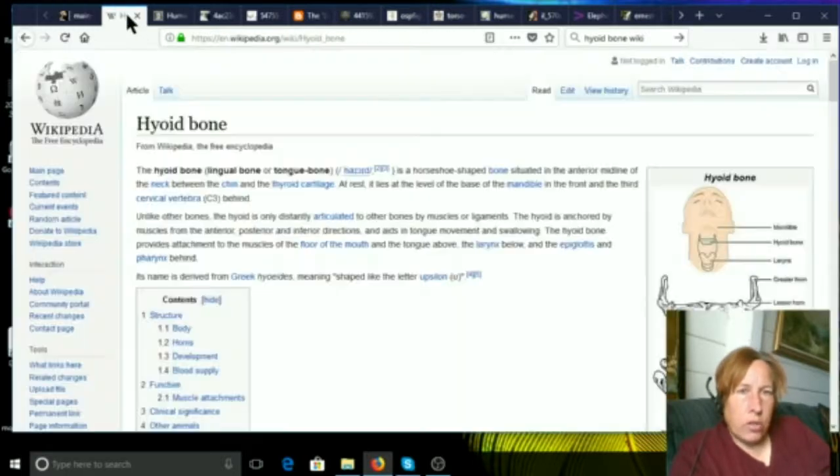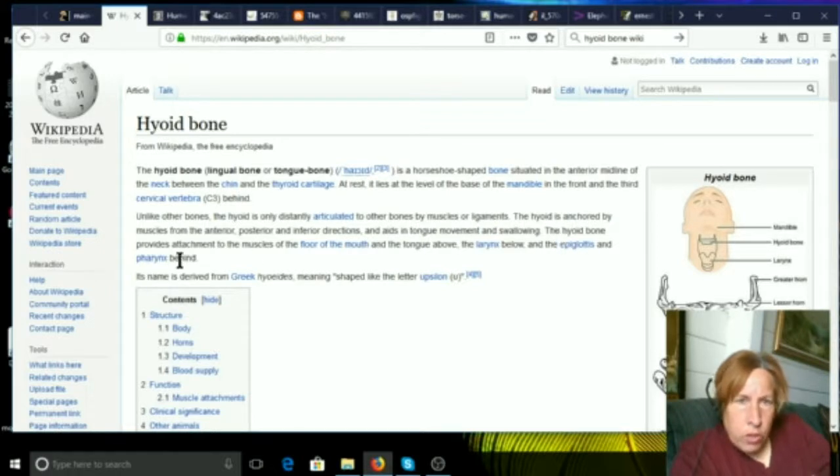Okay, so here's a little wiki on the hyoid bone. The hyoid bone is a horseshoe-shaped bone situated in the anterior midline of the neck between the chin and thyroid cartilage. Unlike other bones, the hyoid is only distantly articulated to other bones by muscles or ligaments. The hyoid is anchored by muscles from the anterior, blah, blah, blah.